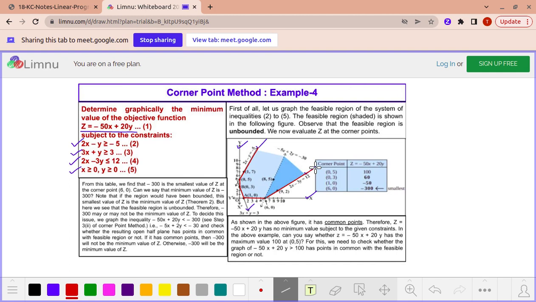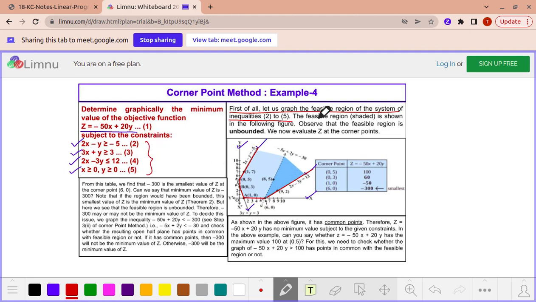That means, as I described in the previous session, it cannot be enclosed within a circle. Okay. So then what to do? I am going to explain to you, listen very carefully. So dear students, first of all, let us graph the feasible region of the system of inequalities 2 to 5.